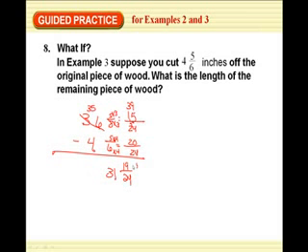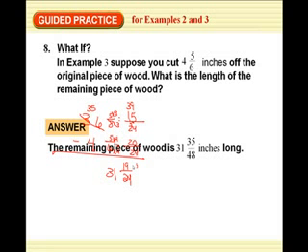Uh-oh. I made a mistake. It says something different. 30 times 3. Did I write that one right? 30. Huh. And they're going to say that.